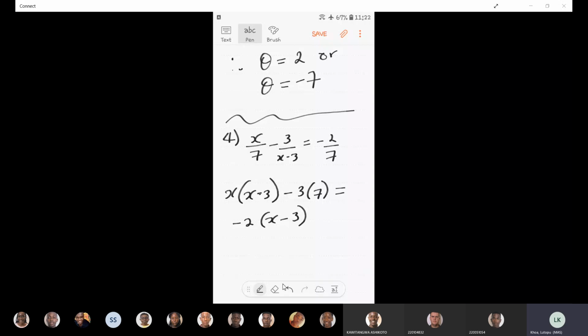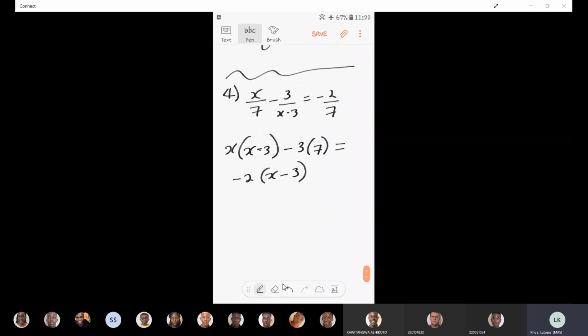So we know how to get rid of the denominators. Go ahead and do that. Multiply by the lowest common multiple of your denominators, which is 7, and x minus 3, and that is what you should end up with. Then you simplify as far as possible.